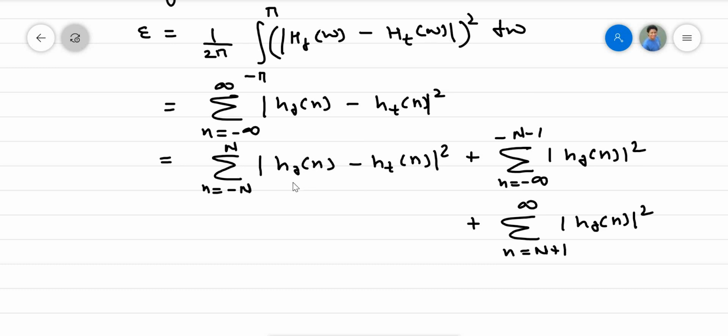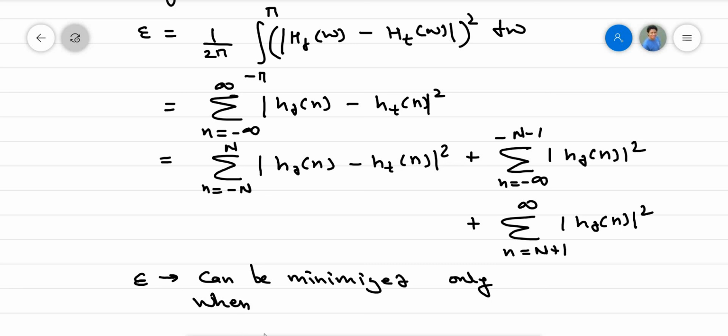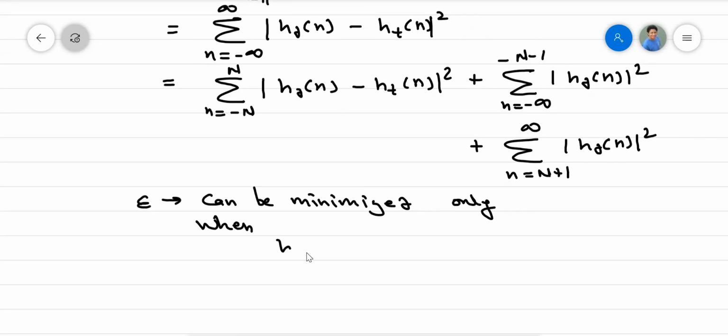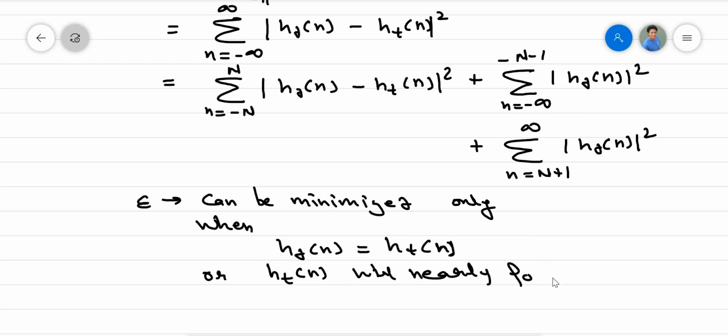But this error can be minimized only when h_d[n] will be equal to h_t[n], or h_t[n] will nearly follow h_d[n], right?